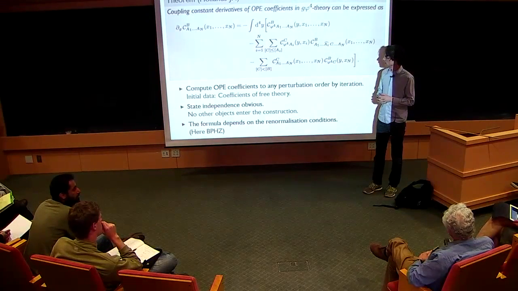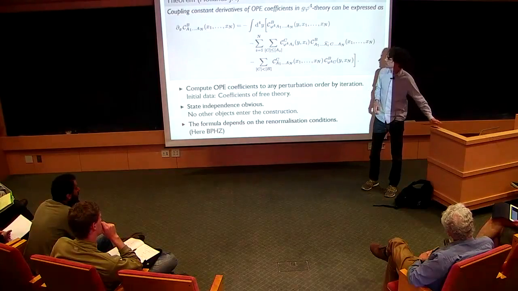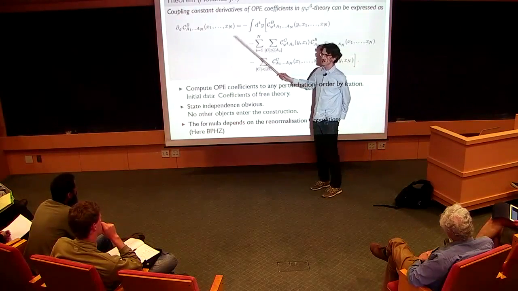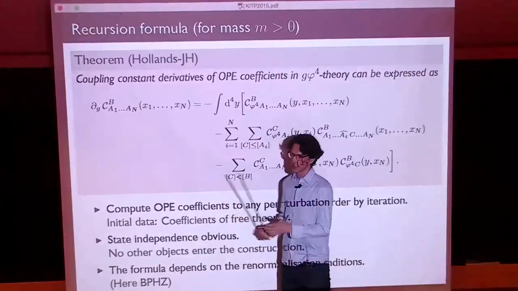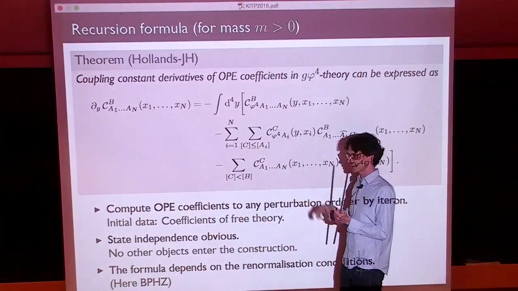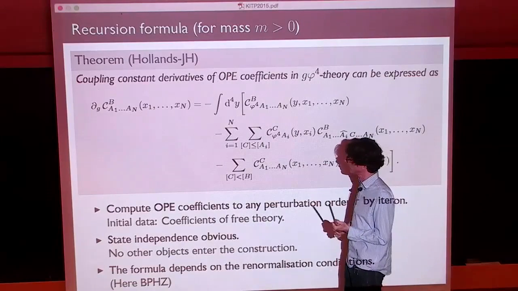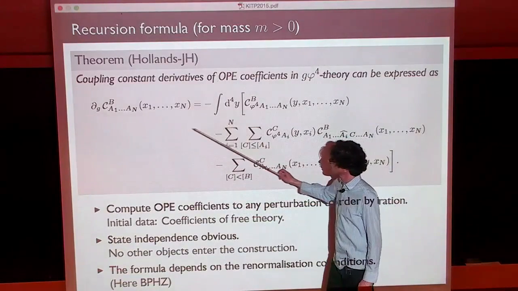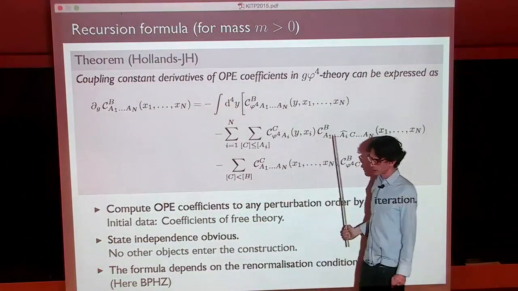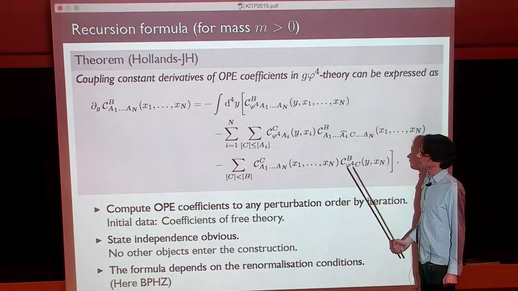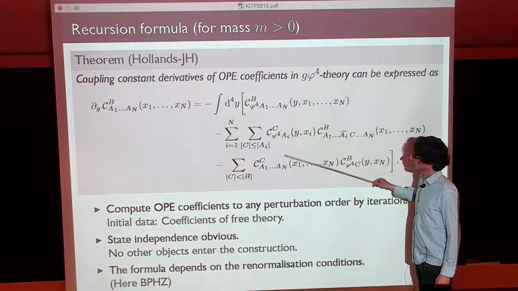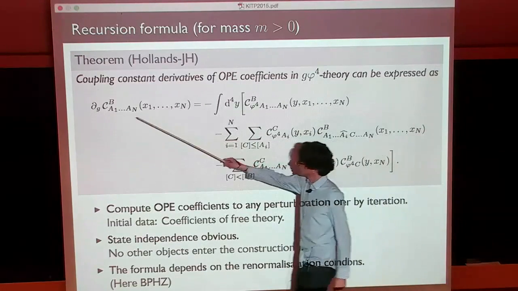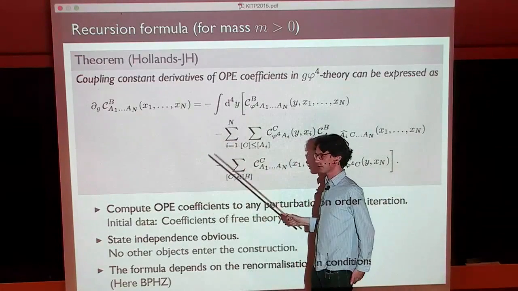At large n, of course, if you take a gauge theory like Yang-Mills, and you take these operators to be suitable single trace operators normalized by suitable powers of n, then this is also a valid equation for the large n limits of these things. If you solve this equation iteratively, it really converges.